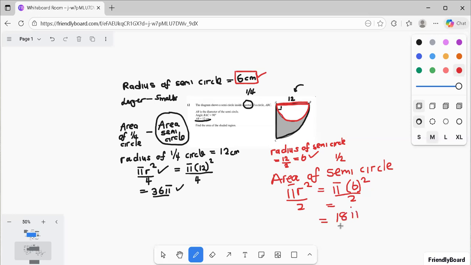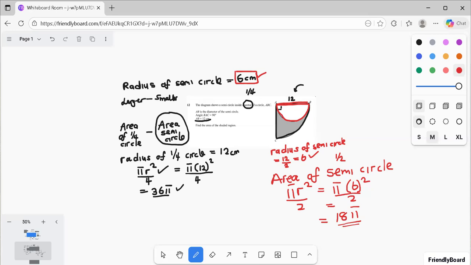There you go. So I'm done finding the areas of the two shapes. The first shape was the area of the larger shape, which happened to be the area of the quarter circle. Then we worked out the area of the smaller shape, which happened to be the area of the semicircle.